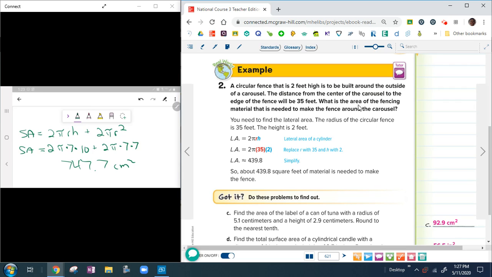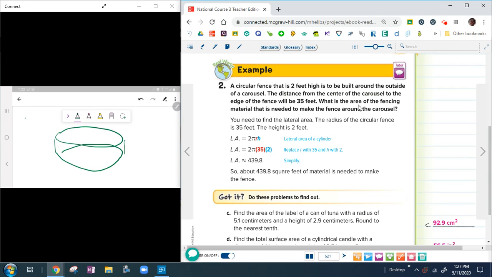All right, so since we're just making the fence, I'll draw a little picture over here, right? We have the carousel in the middle, and then we have this fence that kind of goes around the outside, right? The fencing material does not have a top and doesn't have a bottom, okay?